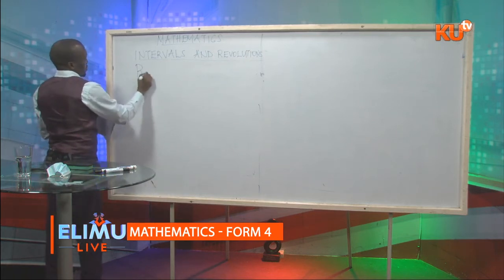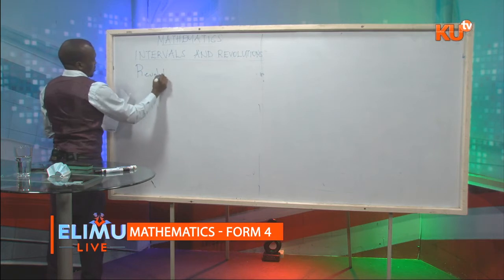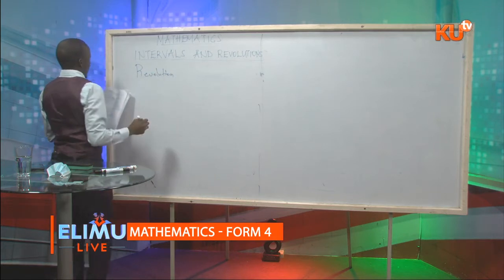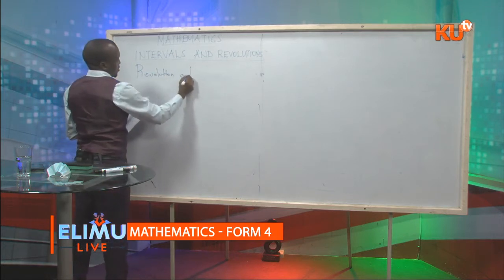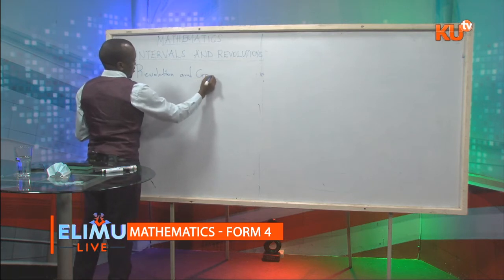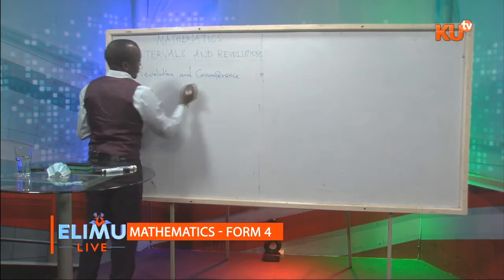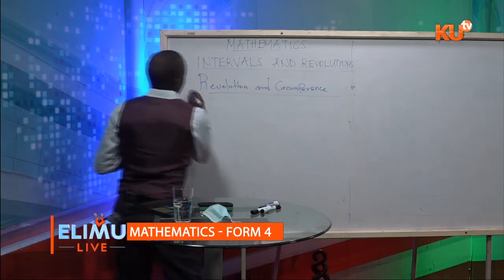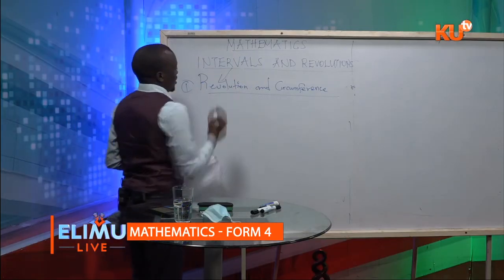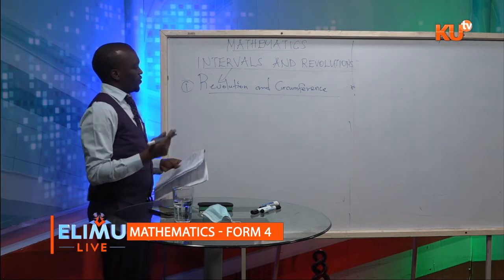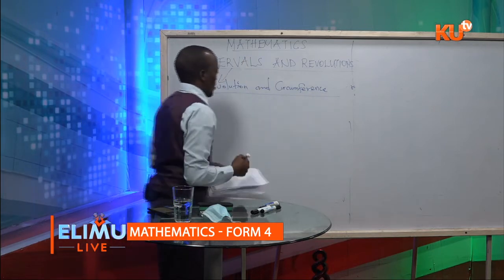Revolution and circumference. The word revolution comes from revolve, meaning to go round.